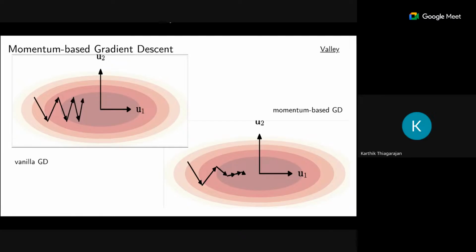So the idea is you dampen oscillations and fast track this movement, which helps it converge in fewer iterations compared to vanilla gradient descent. So these are two issues that we have somewhat addressed using momentum GD.